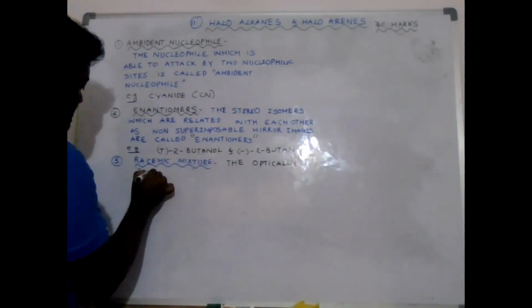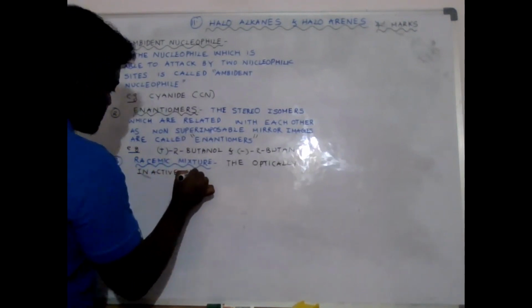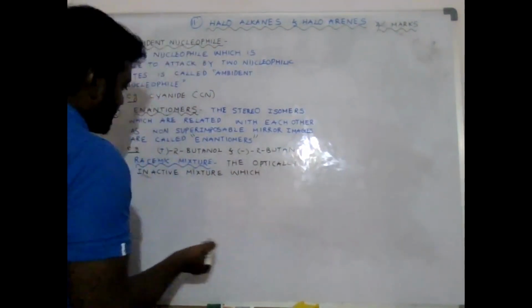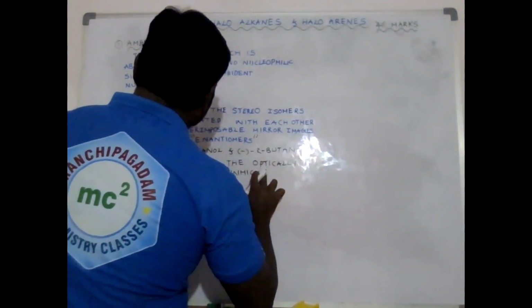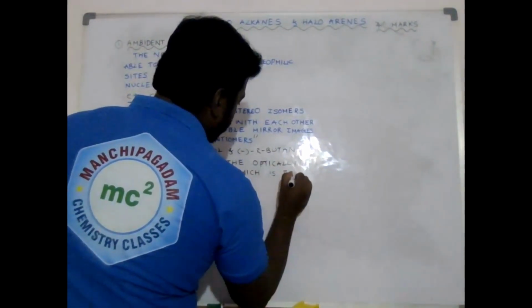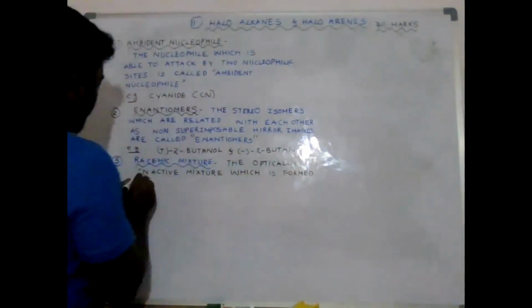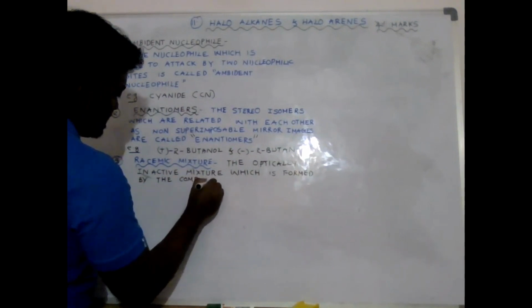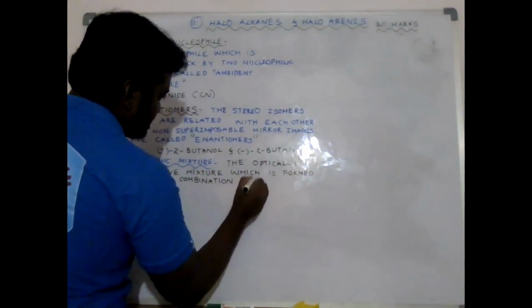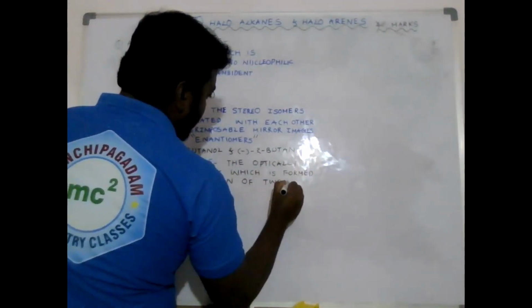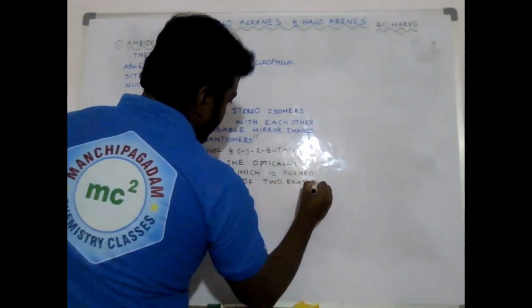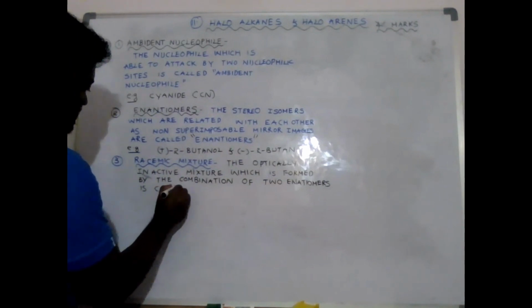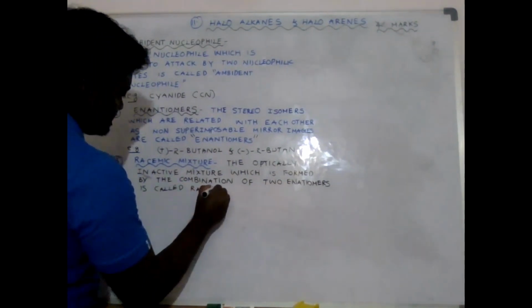The optically inactive mixture which is formed by the combination of two enantiomers is called racemic mixture.